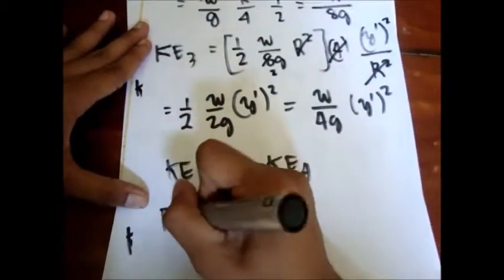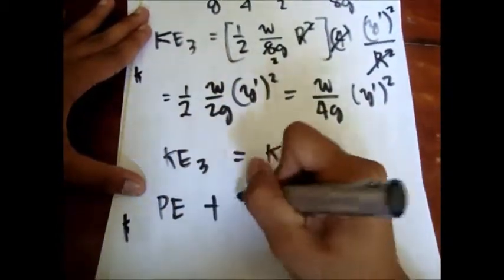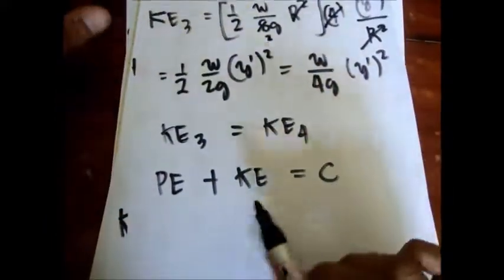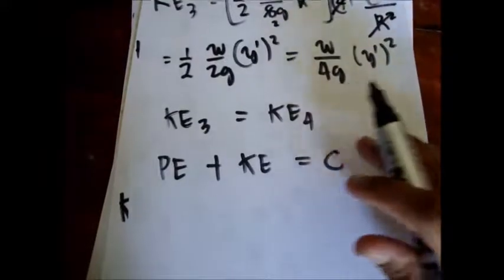The next is from the first equation that I gave, PE plus KE equals some constant C. So we will substitute all the values that we got at the very first.